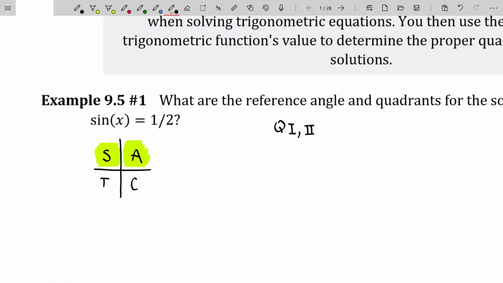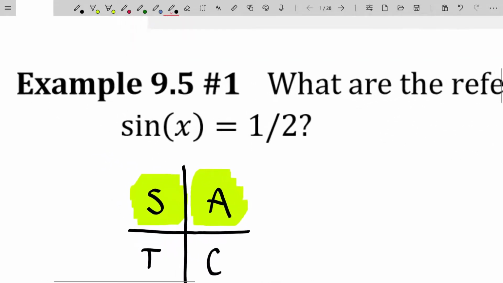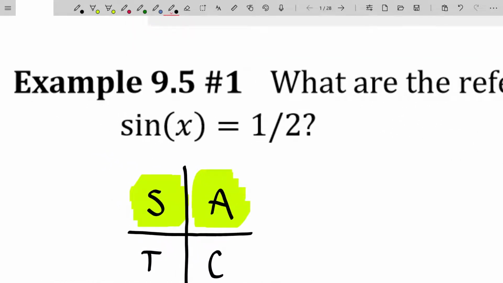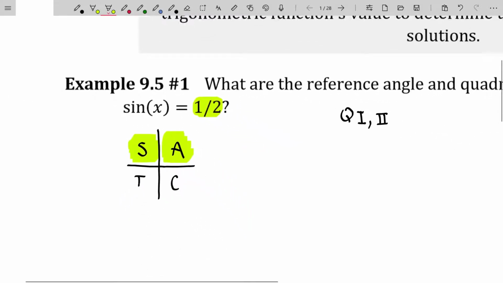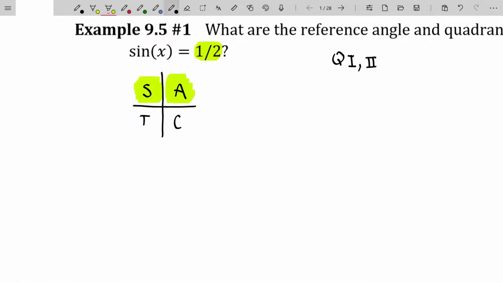Now, you have to become kind of an expert at recognizing the very special trig ratios. Sine of x equaling 1/2: 1/2 is a special trig ratio that comes from one of our special triangles. That's what you're looking for almost the entire time when you're working with trig equations. You're really hoping to get those very special ratios.